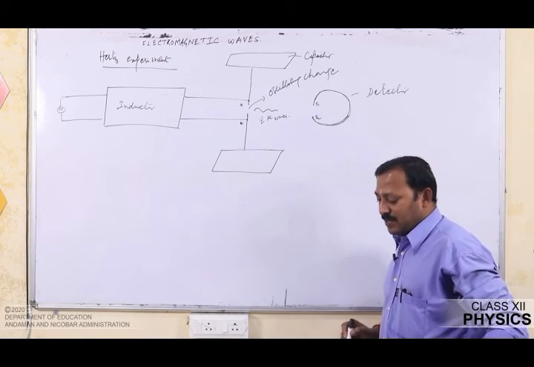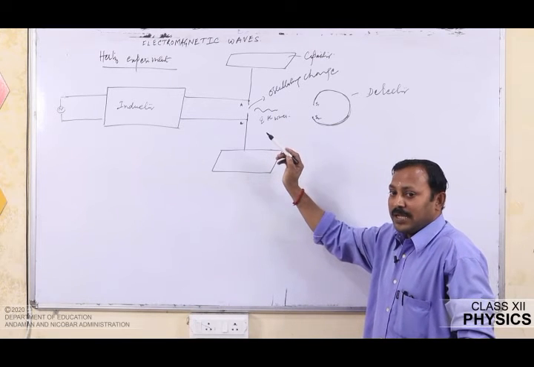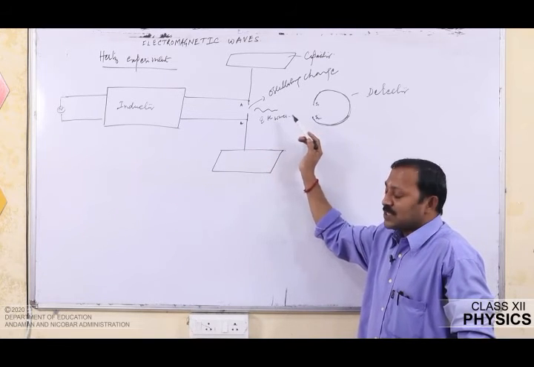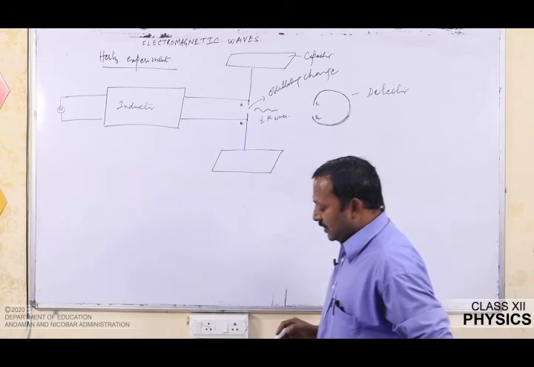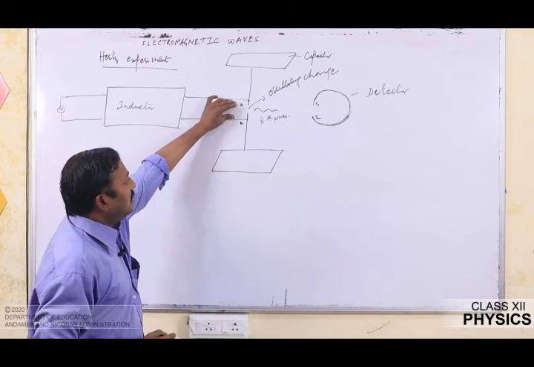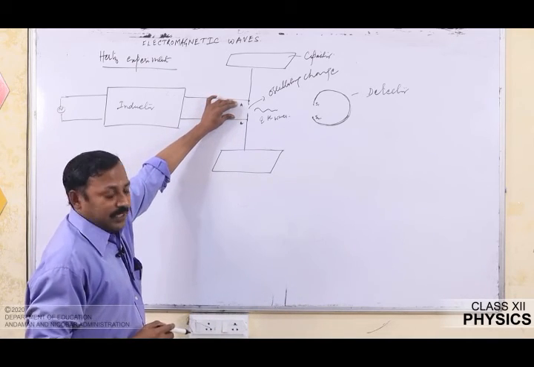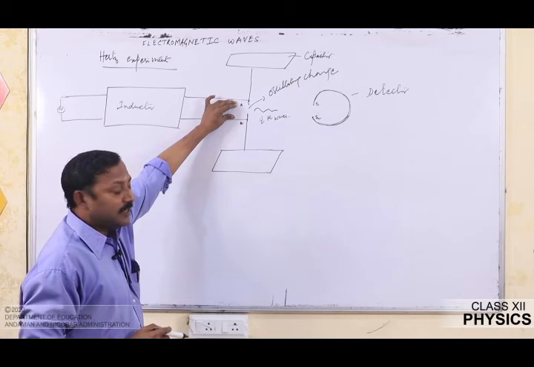This shows that electromagnetic waves are not only produced due to the oscillating charged particle, it also shows the transverse nature of electromagnetic waves. That is, the electromagnetic waves which are produced due to an accelerating charged particle are transverse in nature, perpendicular to both the electric as well as the magnetic field.